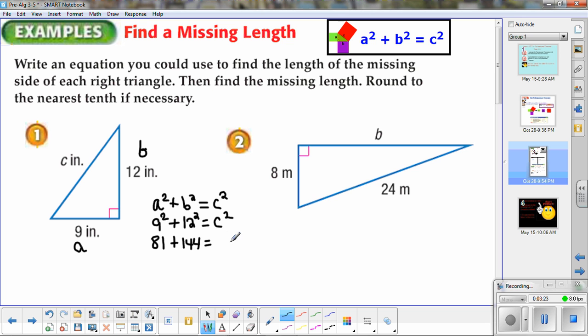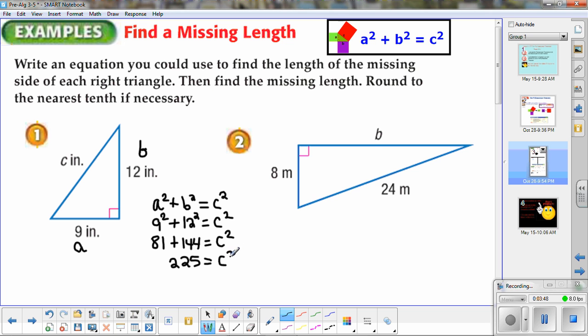And again, we don't know what c is, so we're going to leave it as c squared. The next thing we're going to do is we're going to go ahead and add these two numbers together. 81 plus 144. That equals 225. And the other side is still c squared.